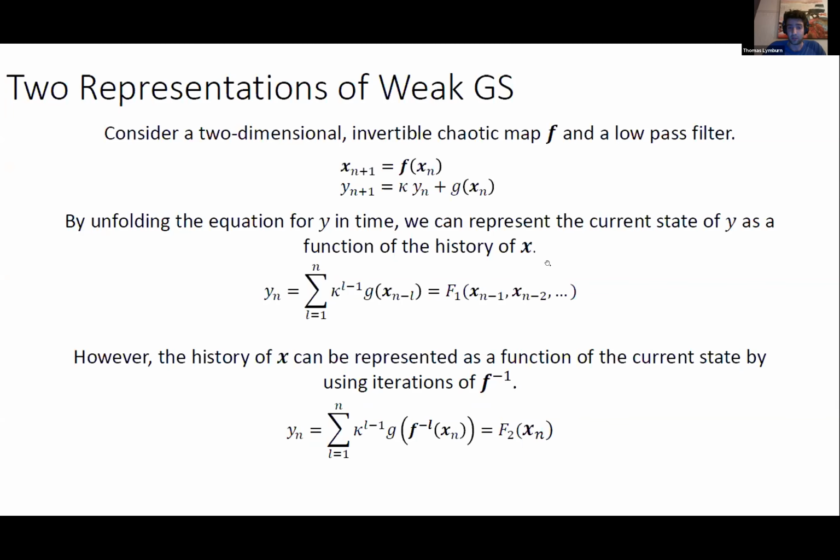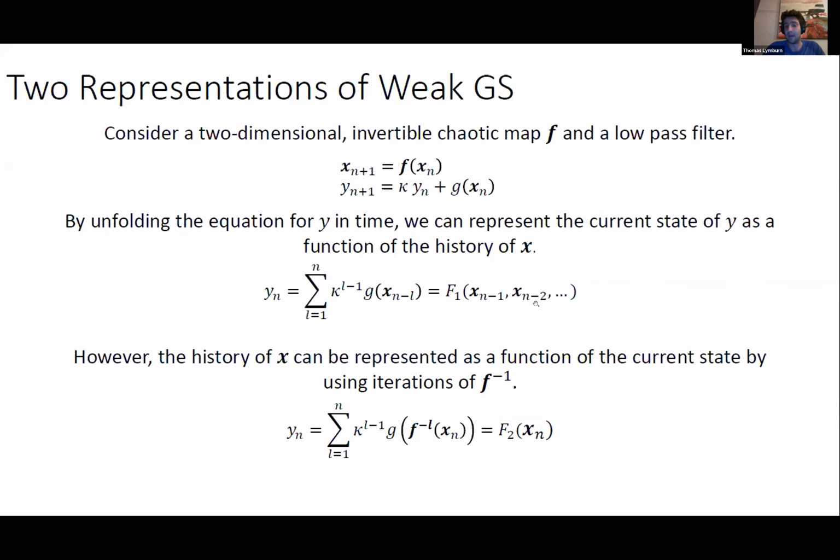So we've got these two equivalent representations here, but they offer us something different. In this representation, which we'll call the temporal representation, the function is actually quite simple. We just have a linear combination of these observation functions, which are typically going to be relatively simple functions.